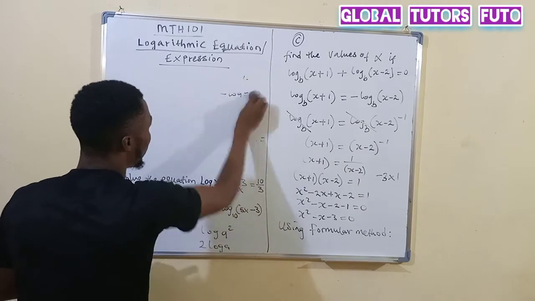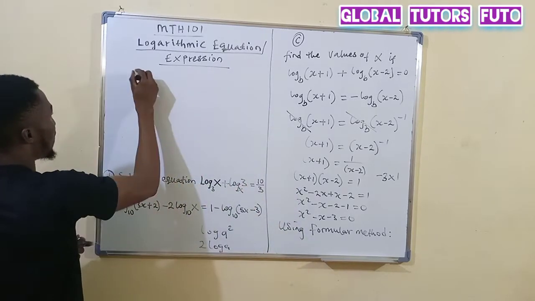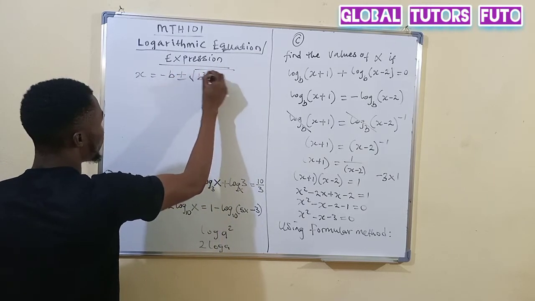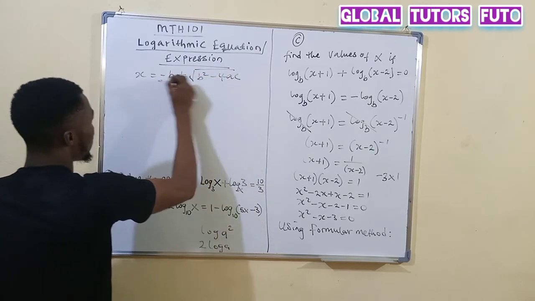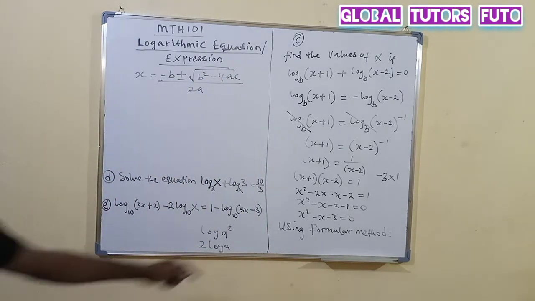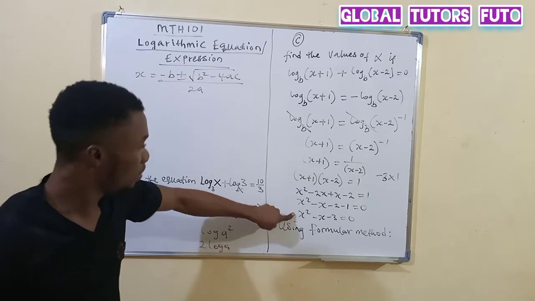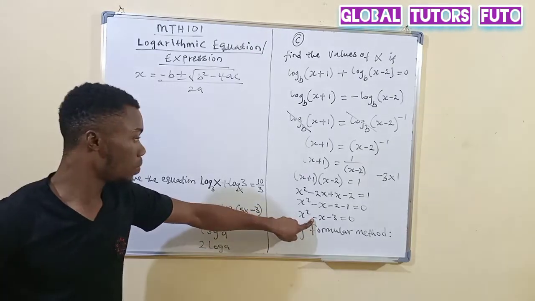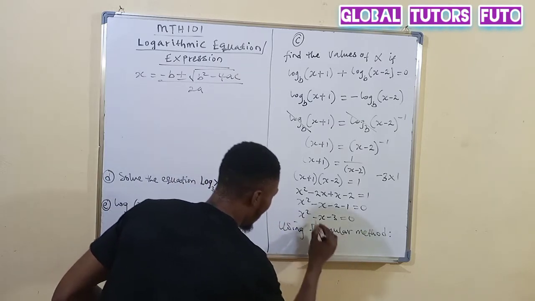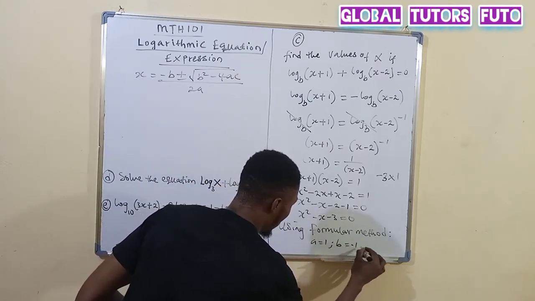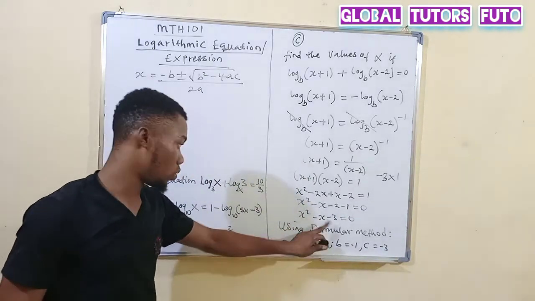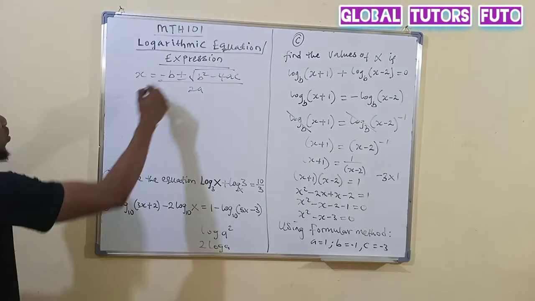We know that x is equal to minus b plus or minus square root of b squared minus 4ac over 2a. From this, our a is 1, our b is minus 1, our c is minus 3. So we are going to substitute it here.